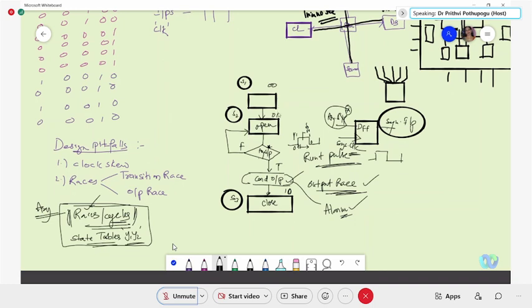Or if A and B are unsynchronized, A can happen at any instant, B can happen at any instant. This 0 1 can go to 1 0 or 1 1 or 0 0. It's not predictable. So this is the situation where the next state depends on the exact timing of the change of the flip-flops, because we are speaking in terms of change of flip-flops only.